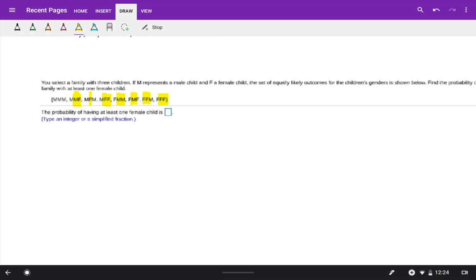So 1 or more females. Let's count how many choices we have here. I select 1, 2, 3, 4, 5, 6, 7 out of all the possibilities, which is 8. So it's going to be 7 over 8.